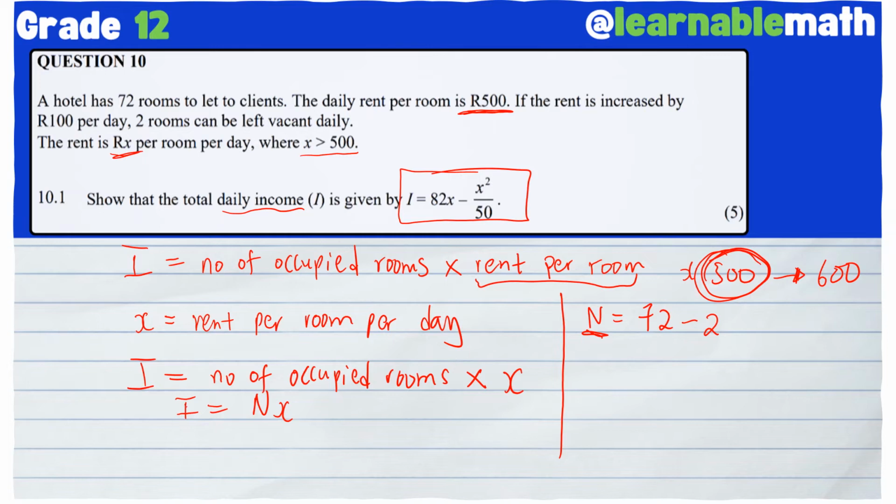Okay, and we are told that this x is not a constant, it is actually increasing somehow, because they say x is greater than 500. It means that there's no person who's going to pay 500, right? They have to pay more than 500. So daily this rent is increasing, it's inflating.